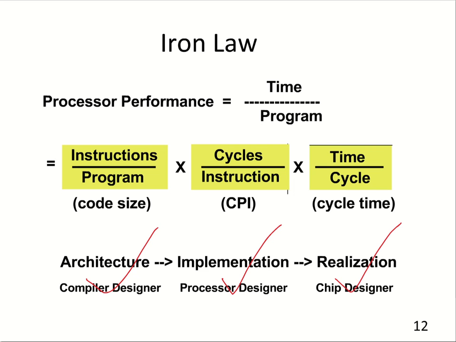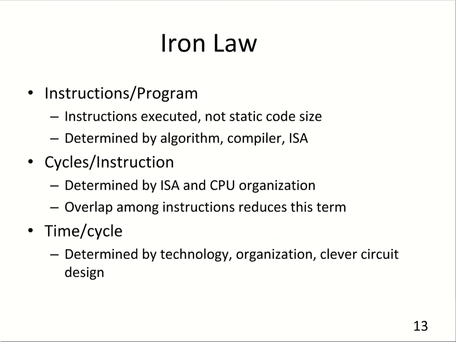Similarly, if I choose an implementation where I try to minimize the number of cycles per instruction, it might become very, very difficult for me to realize that as a chip designer at a very competitive frequency. So we actually see in the industry designs where these terms are very, very different. Even for the same instruction set, running the same program, we'll see designs that are optimized for cycles per instruction that might have a lower cycle time, or we might see designs that sacrifice the cycles per instruction term that grows, but are running at very, very high frequencies.